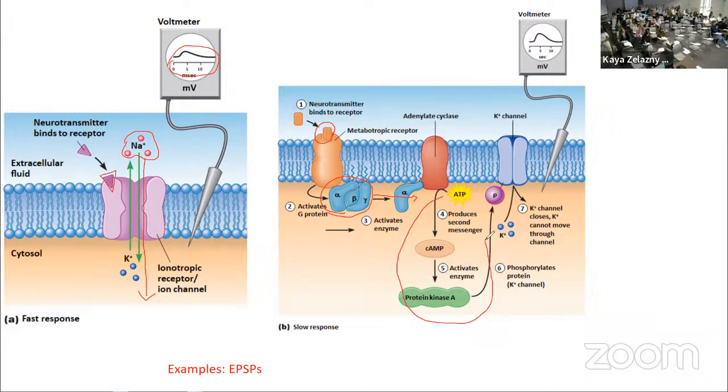But ultimately, the effect of the neurotransmitter in this image is that we've closed a potassium channel. Potassium usually flows out of the cell. Okay? Potassium can't flow out of the cell. Now we're keeping those positive charges trapped inside. So more positive charges inside excites that postsynaptic neuron, makes it more likely to fire off an action potential. So that's another way we might see a depolarization here.